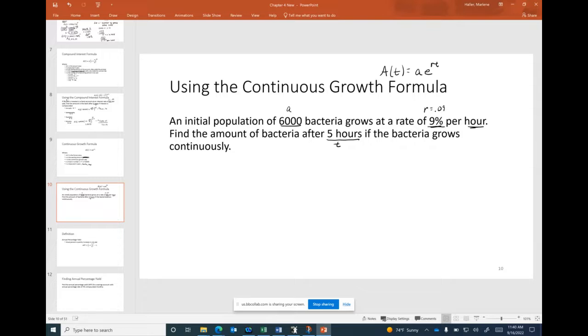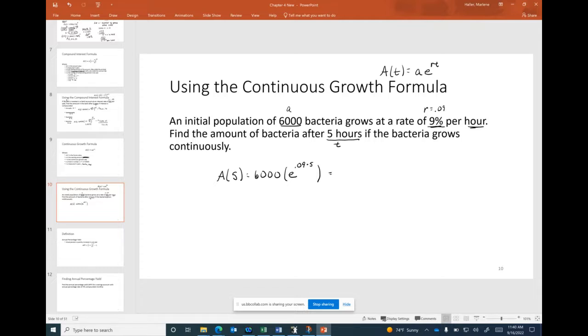So A of t, after 5 hours, is the initial value, 6,000 bacteria, times e raised to 0.09 times the number of units of time, which in this case is 5.